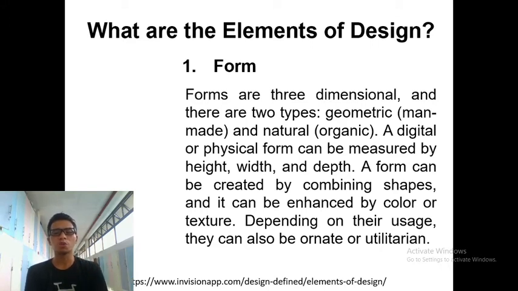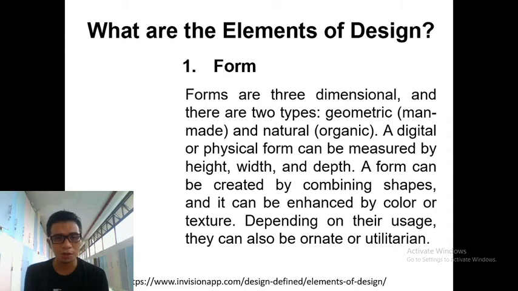The geometric, man-made ones: cylinder, pyramid, cone, cube, sphere. And there's another kind, called natural form or organic. For example, if you pick up a shell, it has its own shape, and sometimes they differ. So that's an organic form.